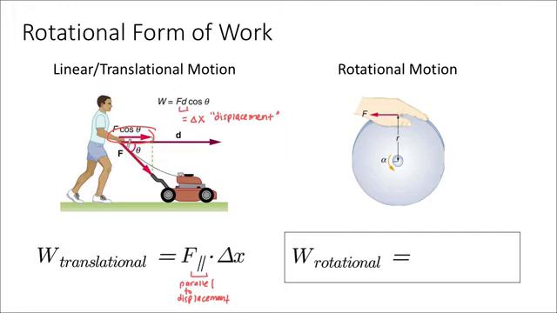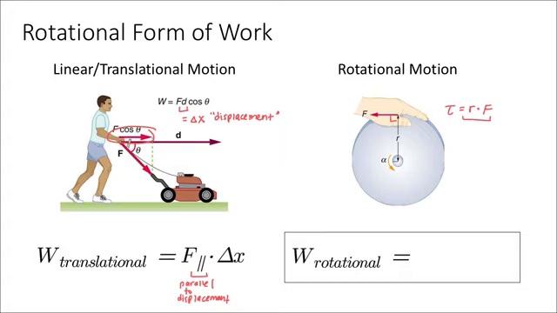So they're applying a torque to the wheel, and we know that their torque is just going to be r, the radius from the center to the edge, multiplied by F. And in this case, this force is completely perpendicular to the lever arm, so I'm not going to include any sine theta term. So the torque here would just be rF.